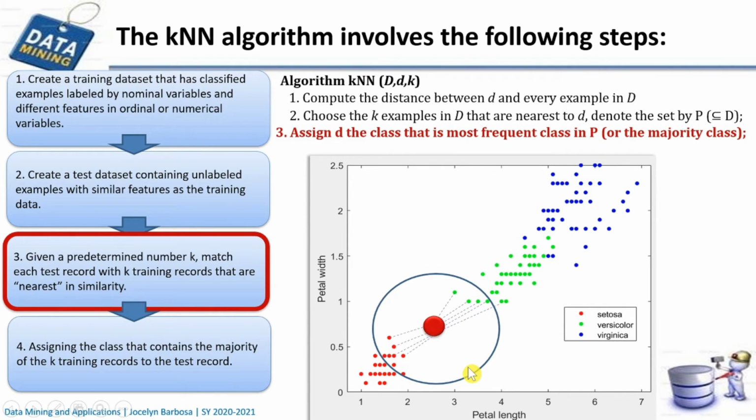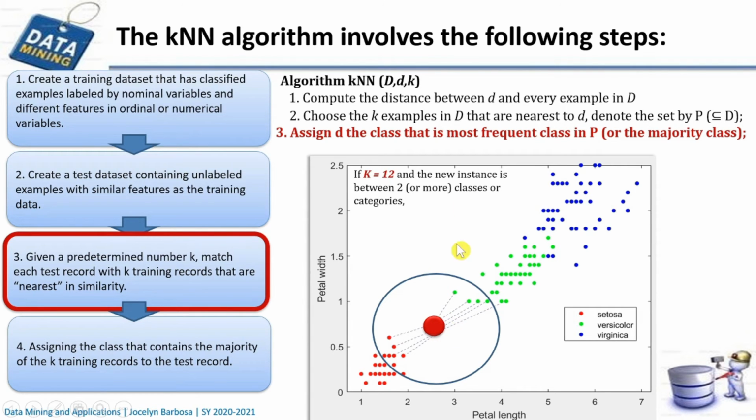Assuming we use K equal to 12, the question is, what if the new instance is between two classes or categories, as you can see here? Which of these two categories will this new instance be classified into?